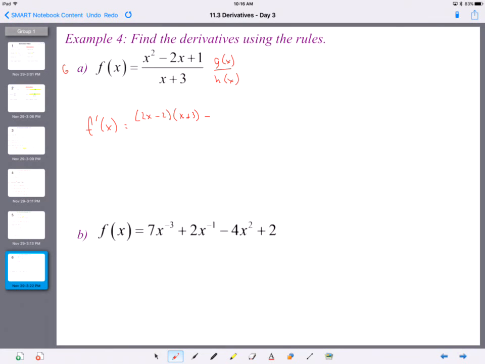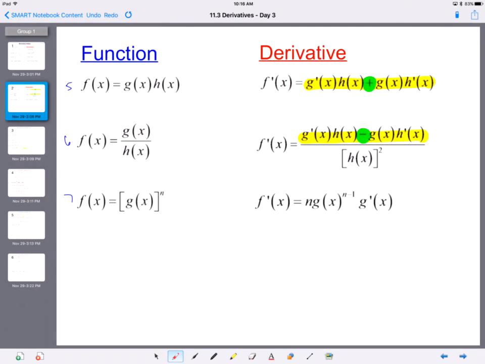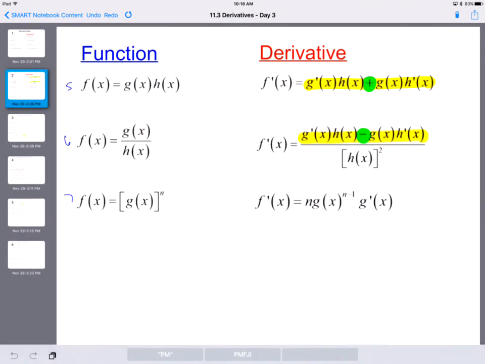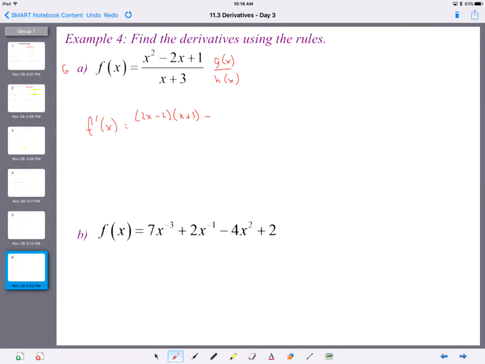But now we will subtract. So once again, the derivative of g of x times h of x, then you'll subtract, then you're going to do g of x, which is x squared minus 2x plus 1 times the derivative of h of x. Well, what's this derivative right here? x plus 3.